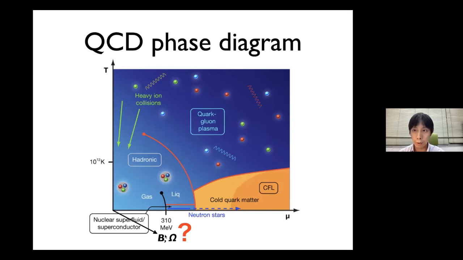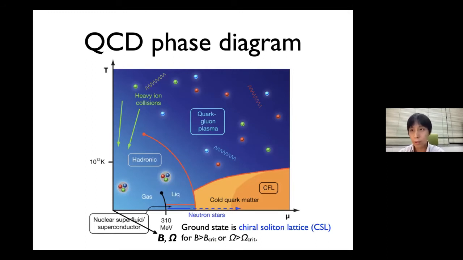So it would be important to understand the possible modification of the QCD phase diagram in the presence of a magnetic field or global rotation. In this talk, I will show you that above some critical magnetic field or above some critical magnitude of the rotation, the ground state of QCD becomes the so-called chiral soliton lattice.